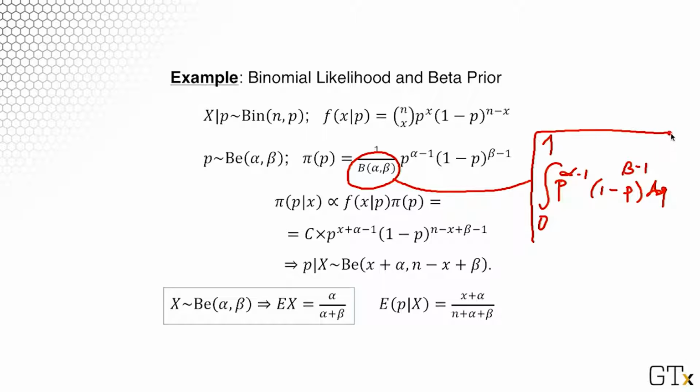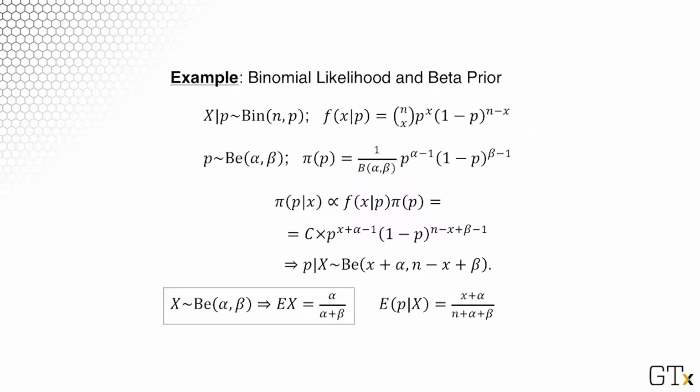This is a fixed integral. When you make this definite integral and find it, it is a constant, it is a number. And that number normalizes this density to integrate to 1. So when we compare how the kernel for the likelihood looks and how the kernel for the prior looks, you see that they are similar.